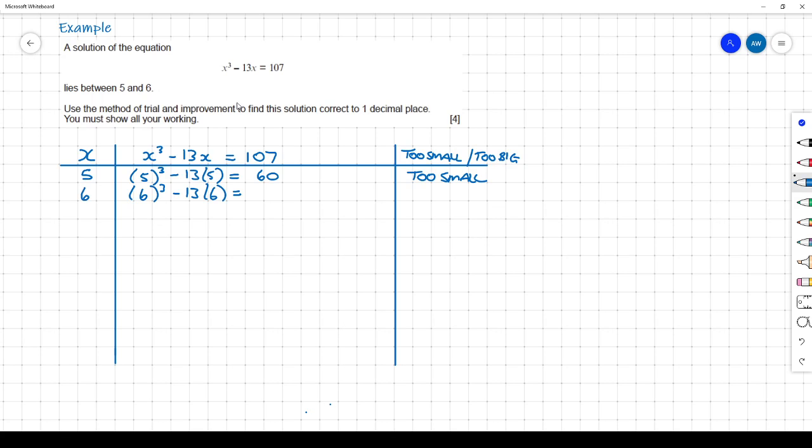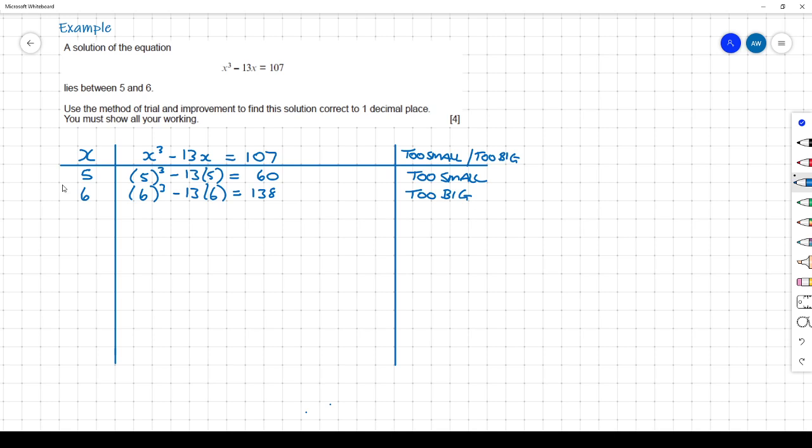It's a lot quicker than typing it all out again. Okay, so we press equals, and this time we get 138. I'm going to write that on here, and obviously that's bigger than 107, so that was too big.